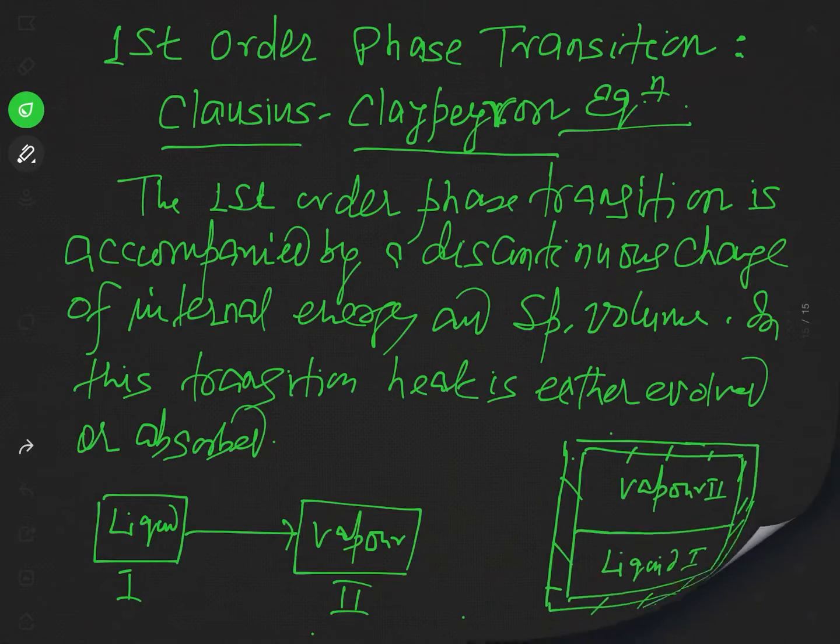Now, let v be the specific volume; we write the symbol in a small letter for specific values.